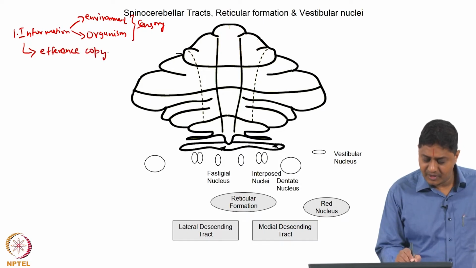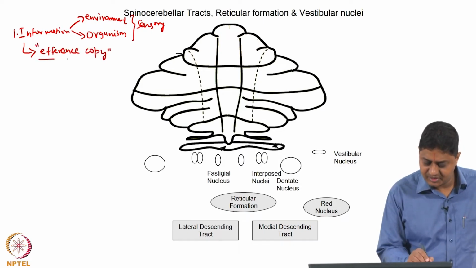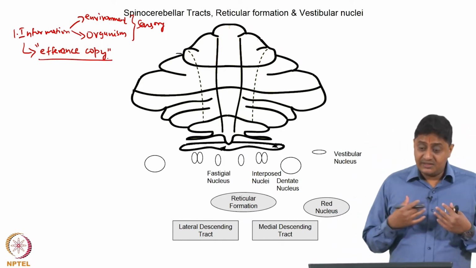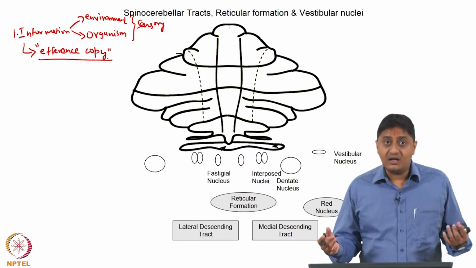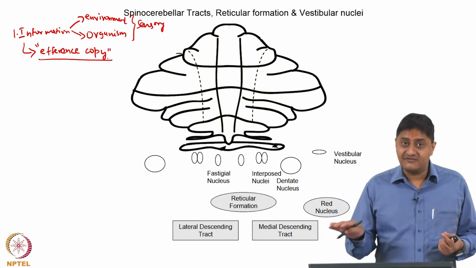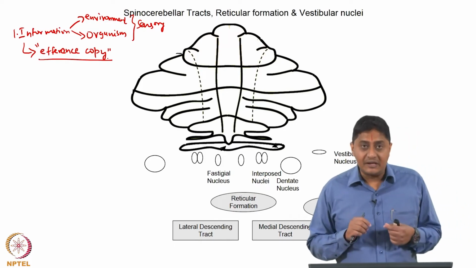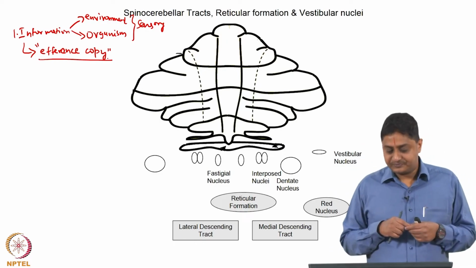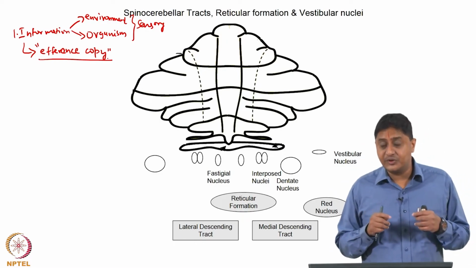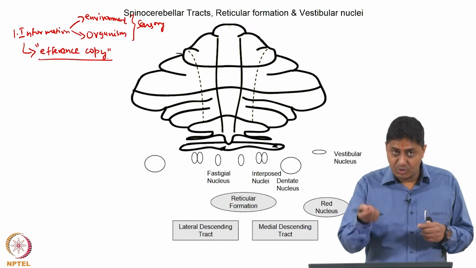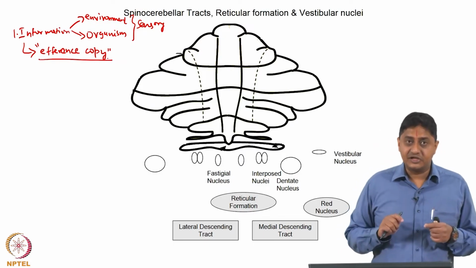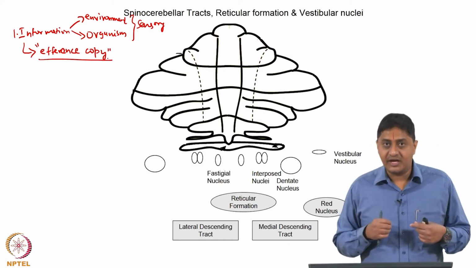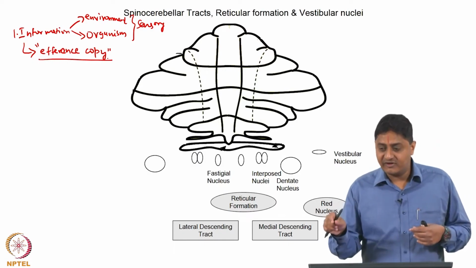This is a crucial principle called efference copy. From this I know not only the state of my body, I also know what is the command that is given to the particular limb or the particular body part or to the particular muscle, for example. So, from this I can compute: I want to make this movement, this is the environmental condition, this is where the parts of my body are located, and this is the command I have given.